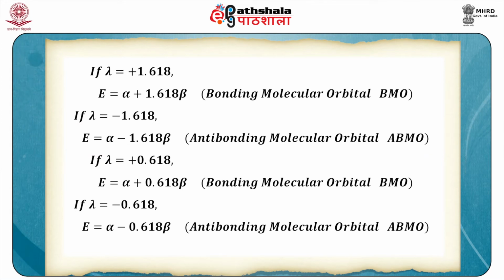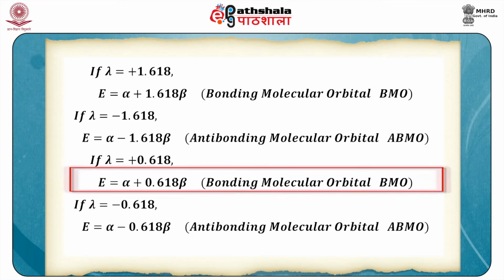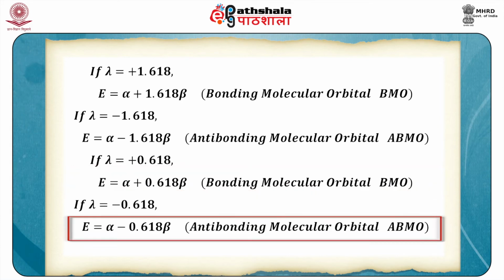Similarly, for the other two values of lambda, we can calculate the energy of the corresponding molecular orbitals. One becomes E equal to alpha plus 0.618 beta, which is again a bonding molecular orbital, and the other one is E equal to alpha minus 0.618 beta, which is an anti-bonding molecular orbital.